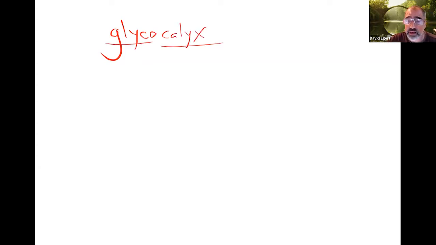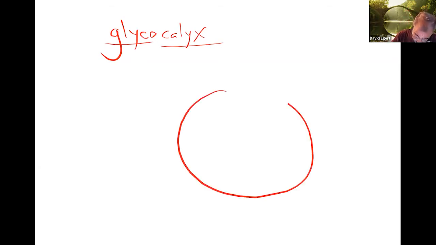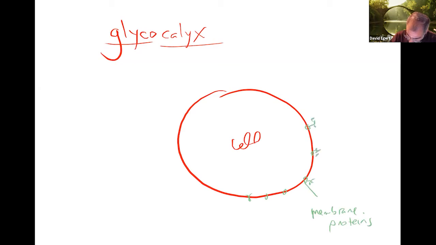Calyx means kind of like a husk, like a cover, outer coating. And if we look at a cell and we have all of these membrane proteins embedded in the membrane, most of these are glycoproteins. So they have these little sugar groups.